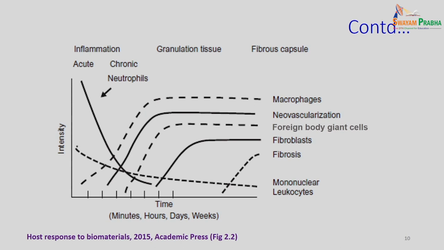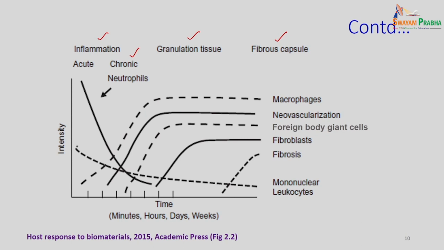The timeline starts, let us say from the minutes, with acute inflammation, then it goes to chronic inflammation, then to granulation tissue, and finally the last step is the fibrous capsule.